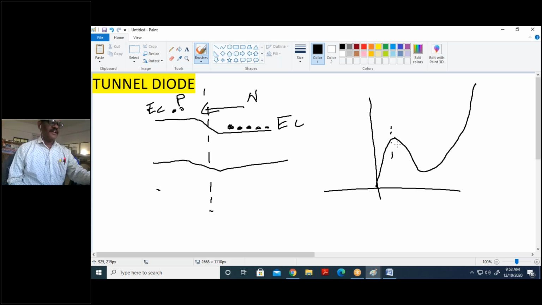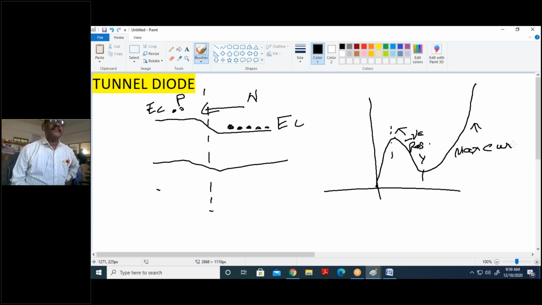One is negative resistance region. Here current is decreasing. This region is called negative resistance region. And in this condition, maximum current is done by maximum tunneling. This is called tunnel current.